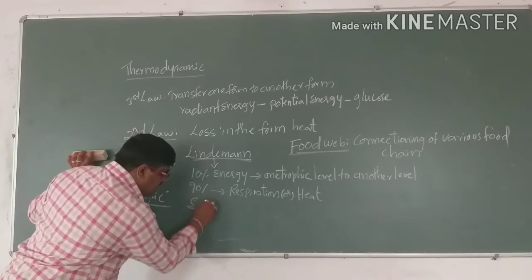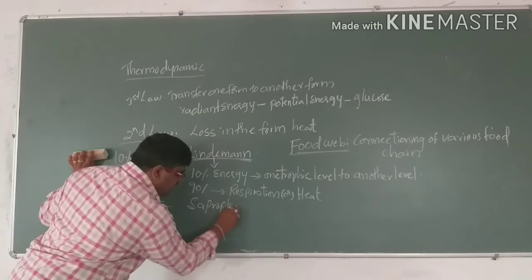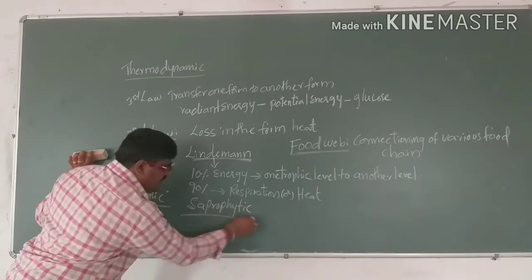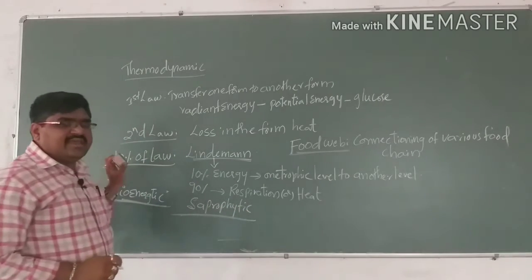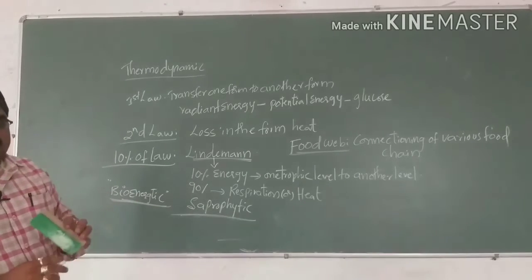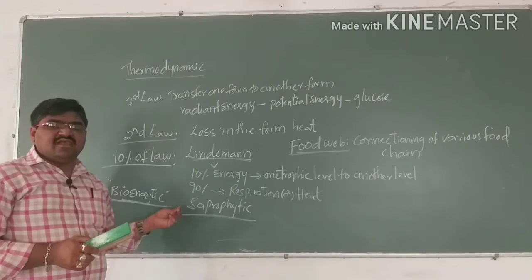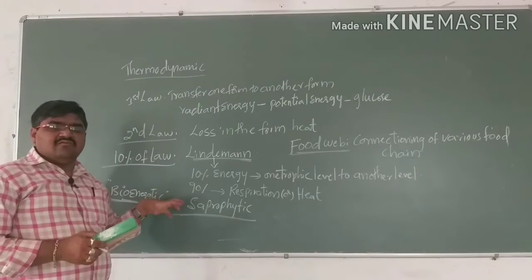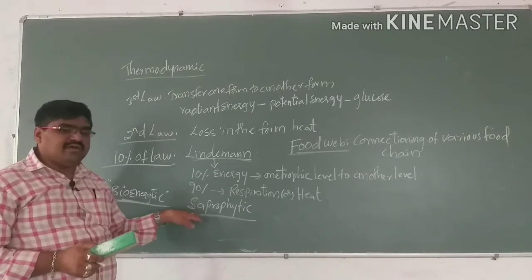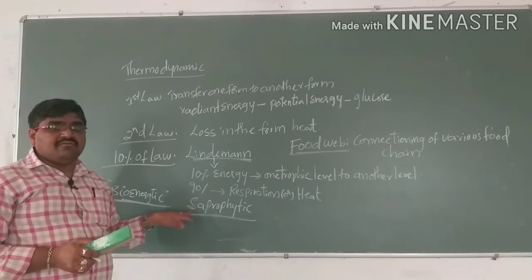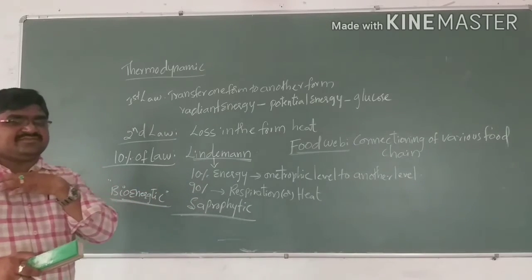They act as saprophytic organisms, which means they depend on dead and decaying organic matter. These detritivores are helpful for the recycling of materials, which takes place with the help of the saprophytic organisms.